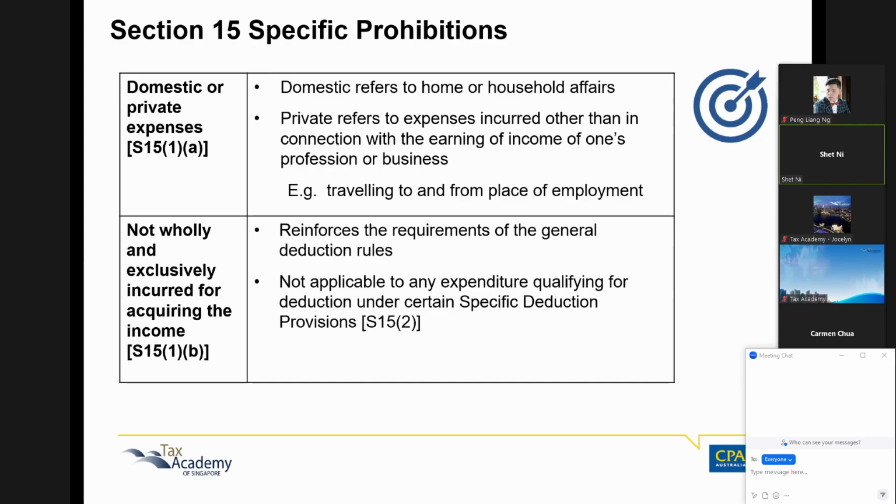In a sense, it reinforces the requirements of the general deduction rules under Section 14(1). It's not applicable to any expenditure qualifying for deduction under certain specific deduction provisions. So under 15.2, there may be certain things which may be capital, but we allow a deduction.